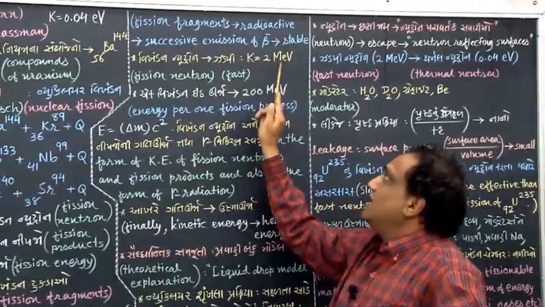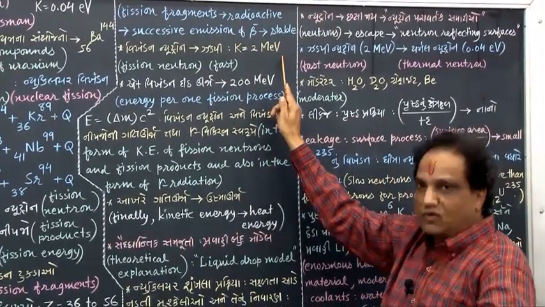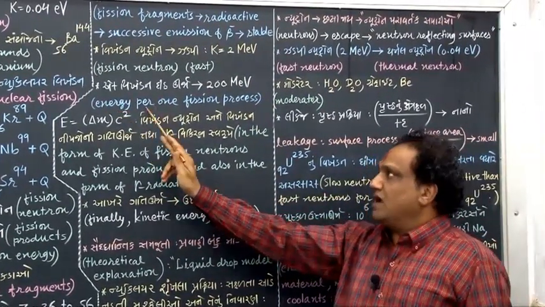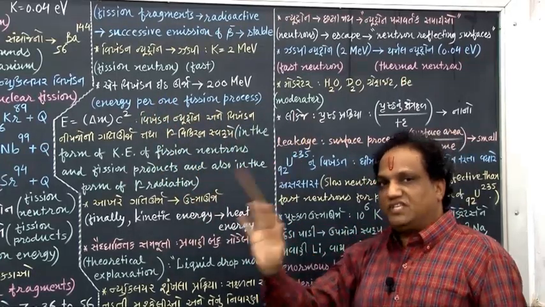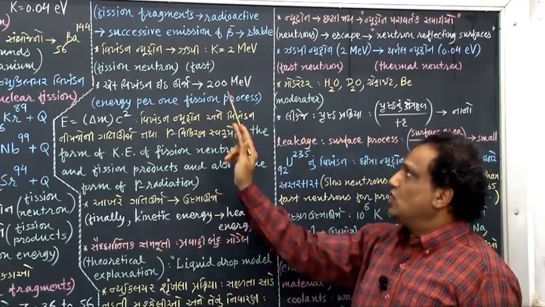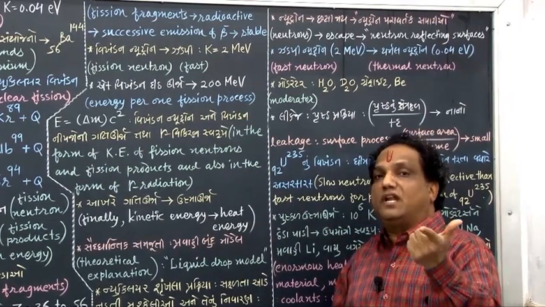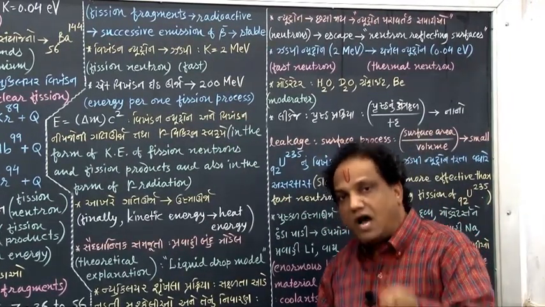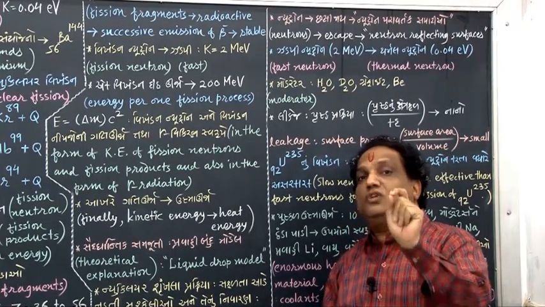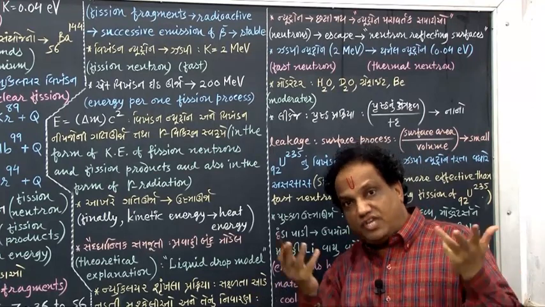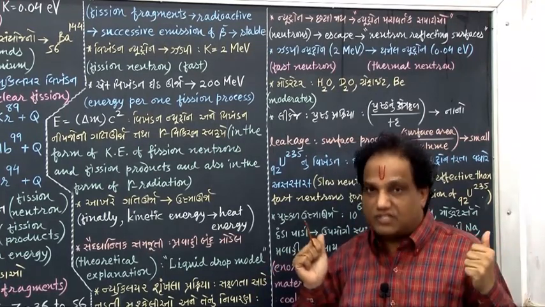This is 2 million electron volt. Okay, fine. Energy obtained per one fission process is found to be approximately 200 million electron volt. 200 million electron volt energy is liberated out of fission of one uranium nucleus. Got it? Now you may have question, in which form do we get this energy?